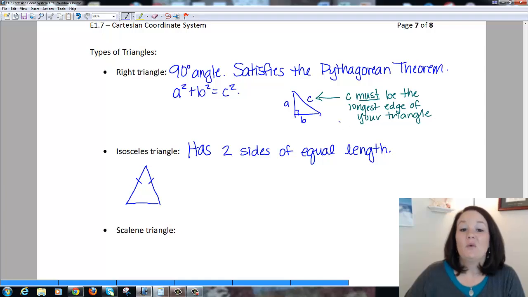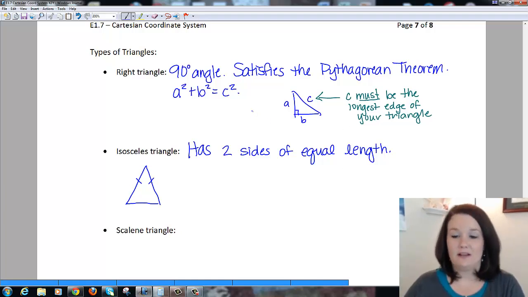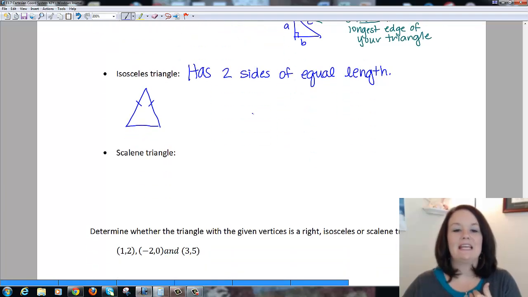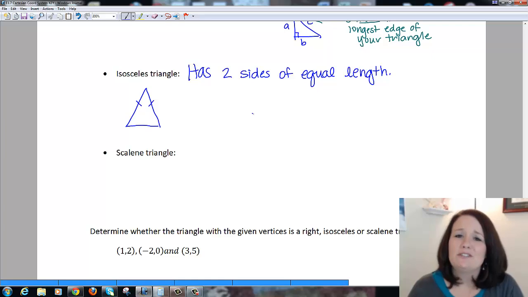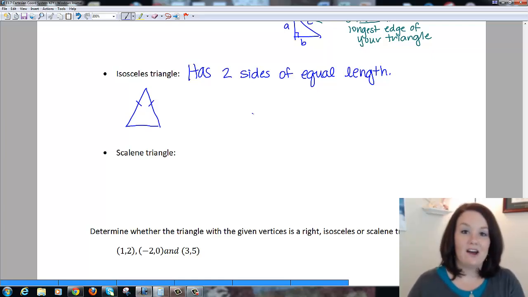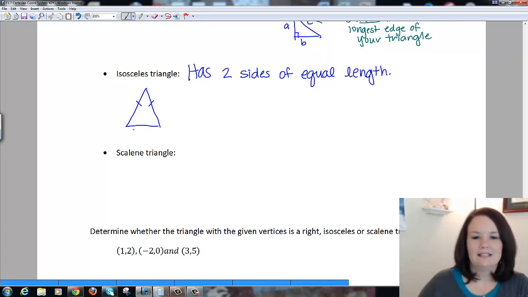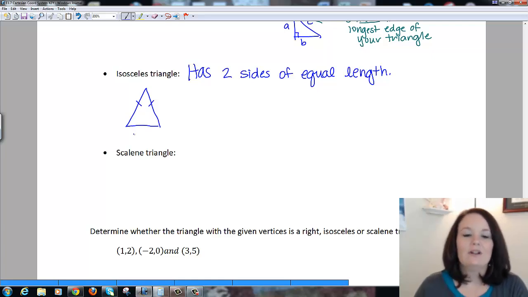Okay, so right triangle, we're looking, does it satisfy the Pythagorean theorem? If it does, it's right. Isosceles, if there's two sides that are the same, then it's isosceles. If it's any other triangle, it's a scalene triangle. So there's not a special thing that we check for. It's just if it's not isosceles and not right, then it's scalene. Scalene doesn't have a 90-degree angle. It doesn't have any equal sides. It's just kind of that other category of here's where all our other triangles fall.